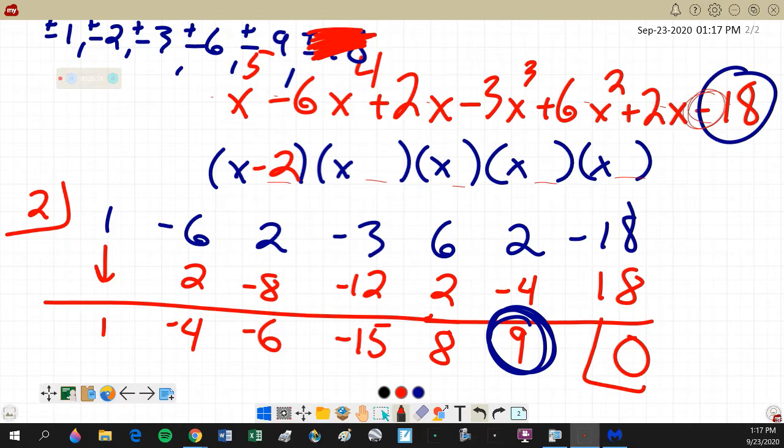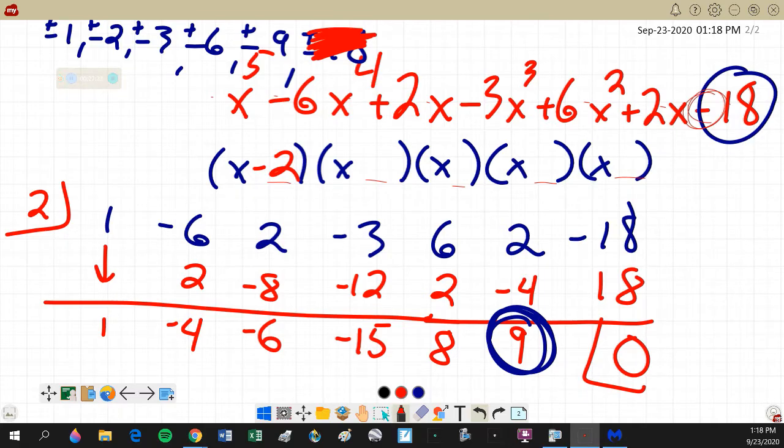It's too big because that is remaining, right? So that 18 is made up of some combination of a 1, a 2, a 3, a 6, a 9, or an 18. And we found out that 2 was one of the answers. And my new equation ends in a 9. So what are my possible remaining answers?